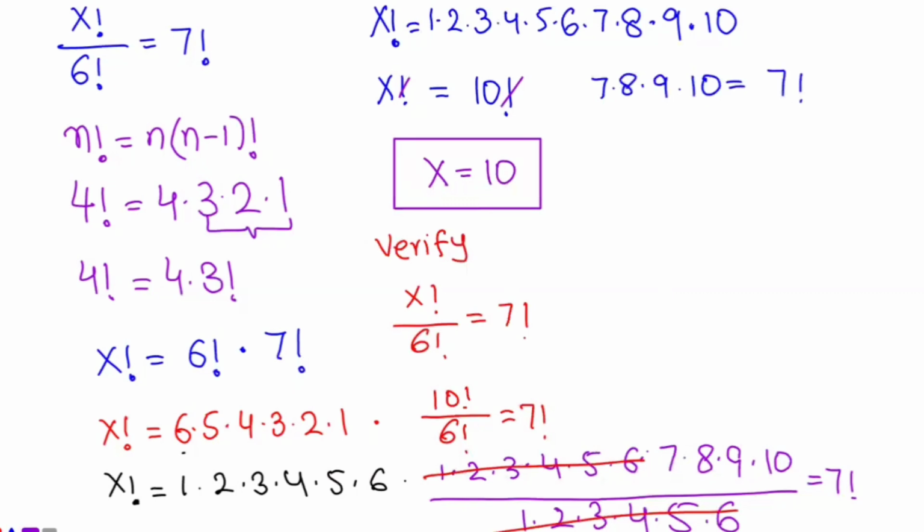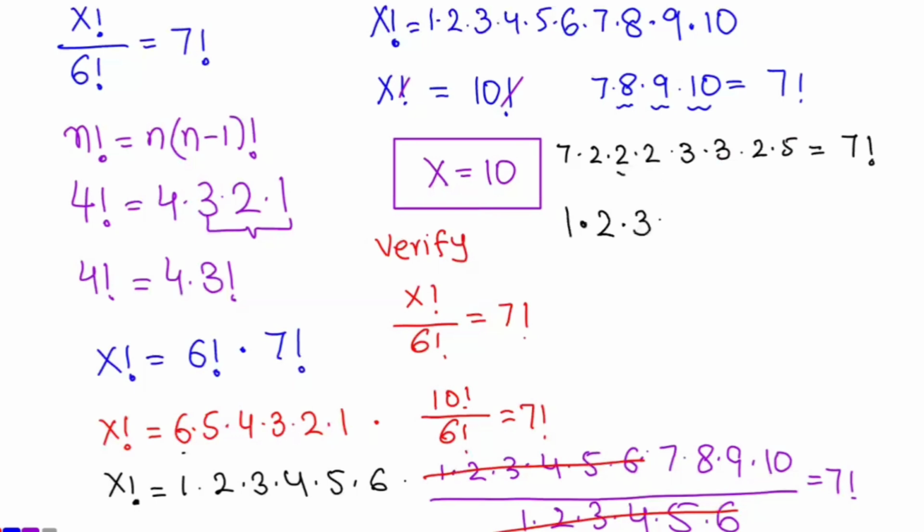Now I will expand this 8, 9 and 10. 7 times 2 times 2 times 2, and in replacement of this 9, 3 times 3. Replacement of this 10, I will write 2 times 5 is equal to 7 factorial. Now I will write 1, then 2, now 3.